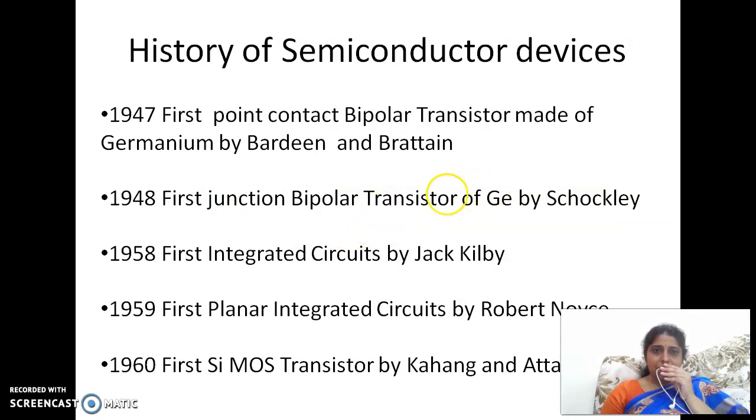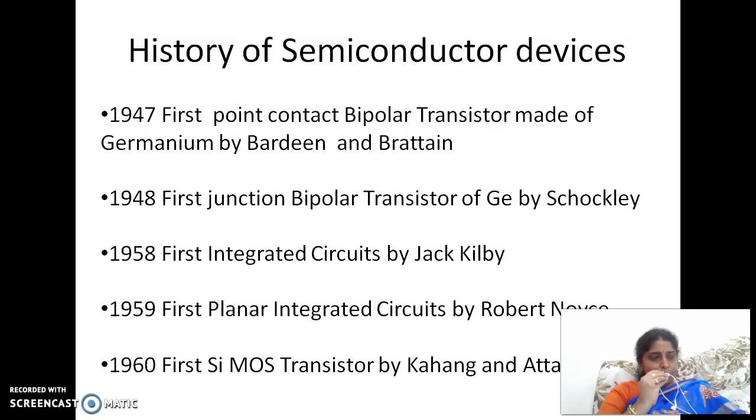Next, the first bipolar junction transistor was invented. The bipolar junction transistor is relatively better when compared to vacuum tubes. It has good reliability and very good features, it consumes less power and it works fine.